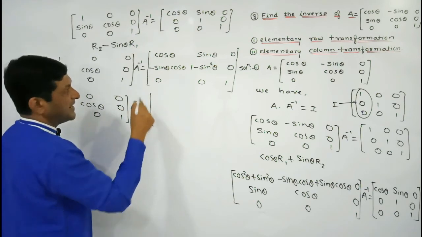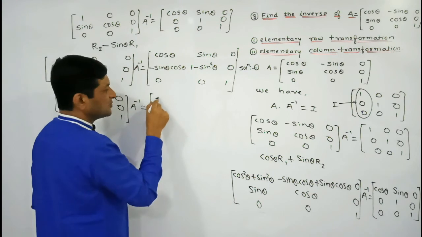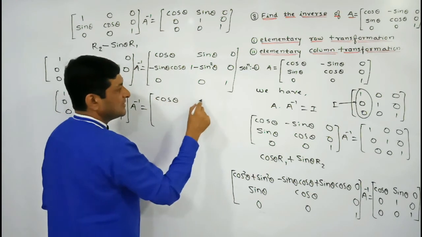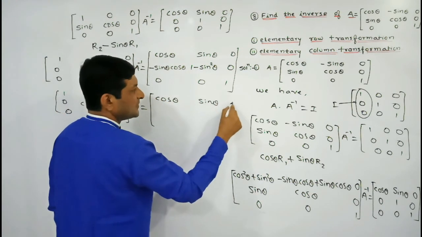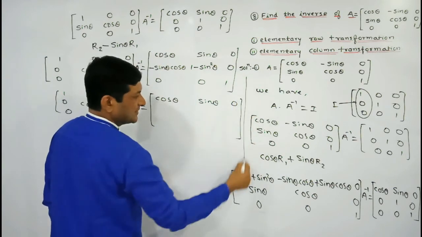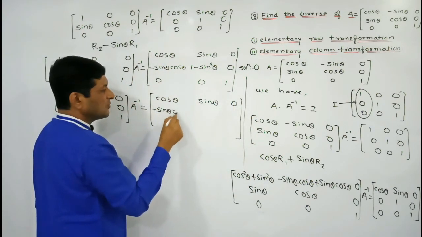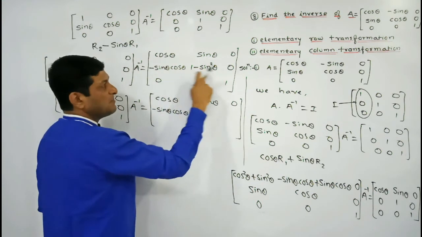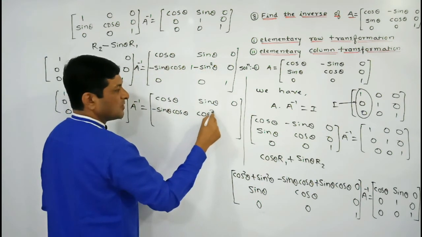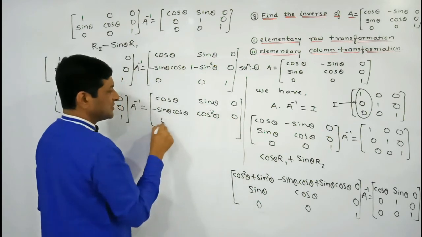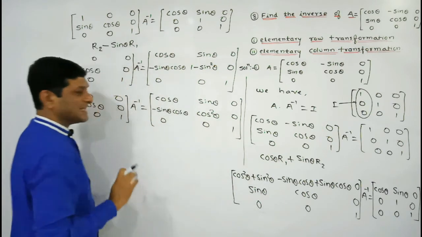Let us simplify it. In the first row nothing is there to simplify. So keep cos theta, sin theta, 0 as it is. Okay, and here minus sin theta into cos theta as it is. 1 minus sin square theta is equal to cos square theta. 0, keep it as it is.